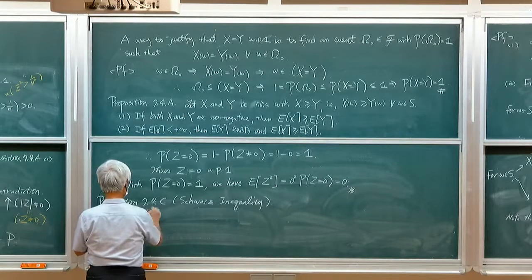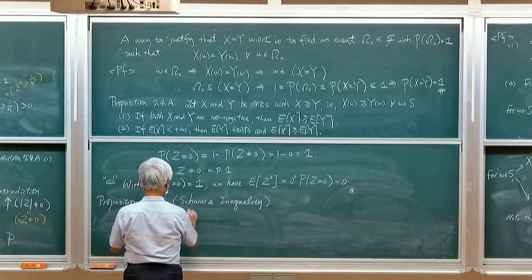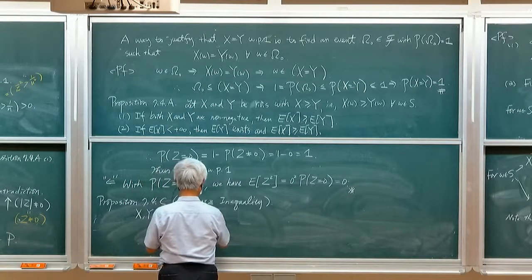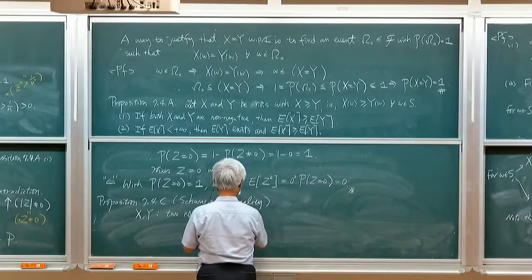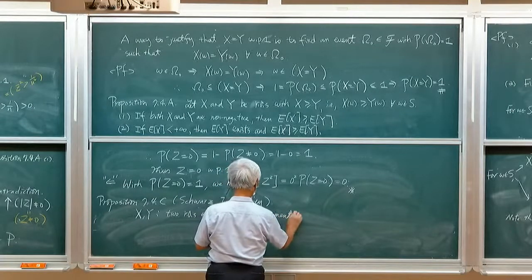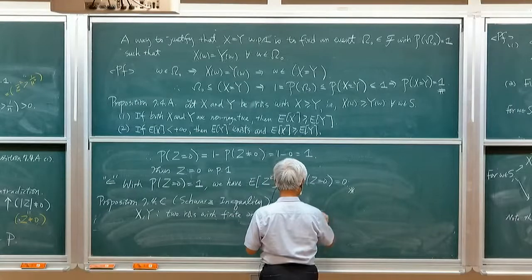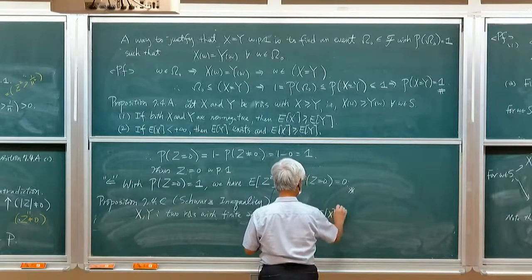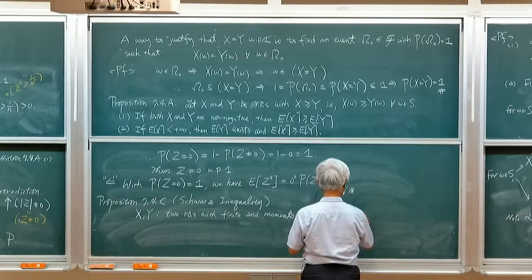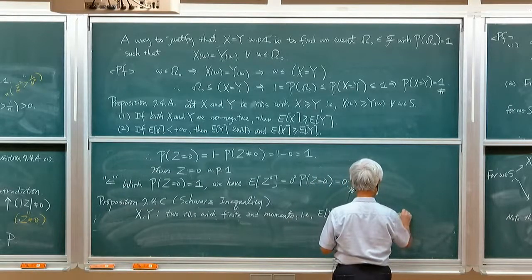So suppose X, Y are two random variables with finite second moment, i.e. the expectation of X squared is finite, the expectation of Y squared is finite.